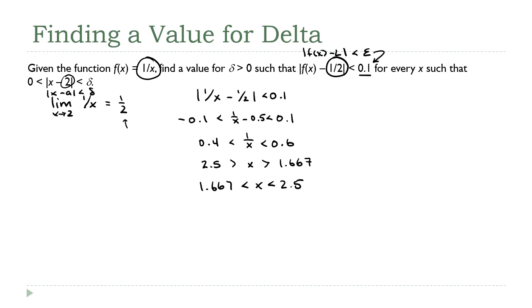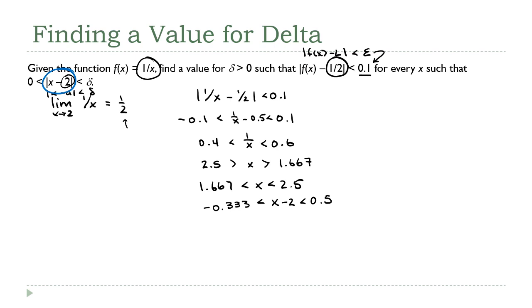Okay, good so far. Now, I need to come up with a statement about x minus 2. Right, so I'm going to subtract 2 from both sides of this. If I do that, this becomes negative 0.333 is less than x minus 2 is less than 0.5.